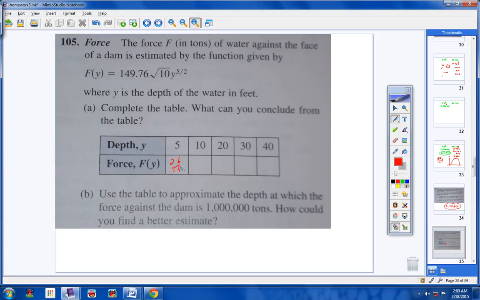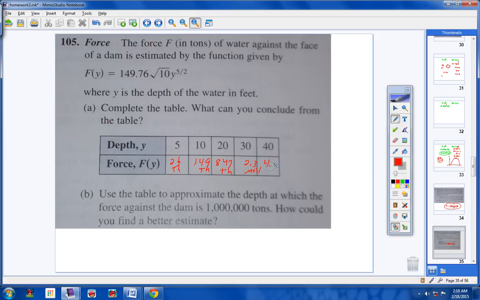There we go. The next one would be 100. I'm rounding these, guys. 149,000. 20 would be 847,000. 30 would be 2.3 million. And then 40 would be about 4.7 million.